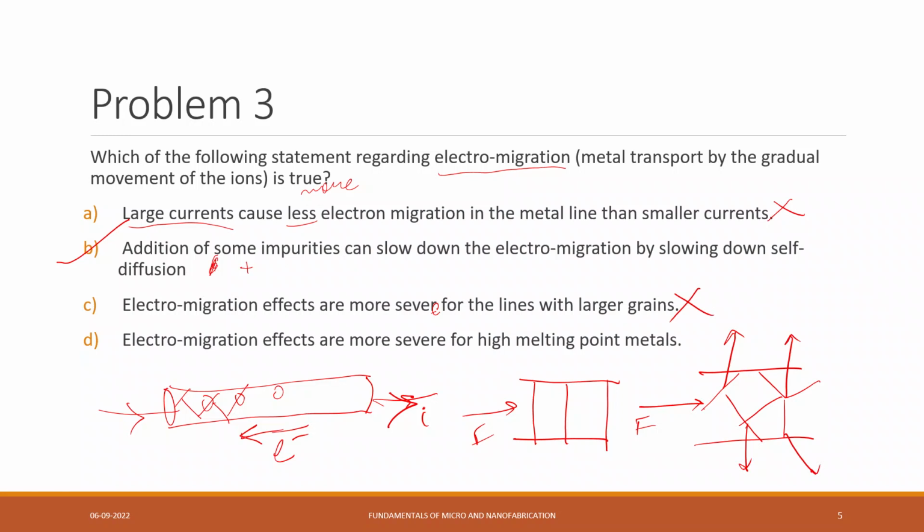And electromigration effects are more severe for high melting point metals. It's not such. It depends on how the electrons are moving in it.